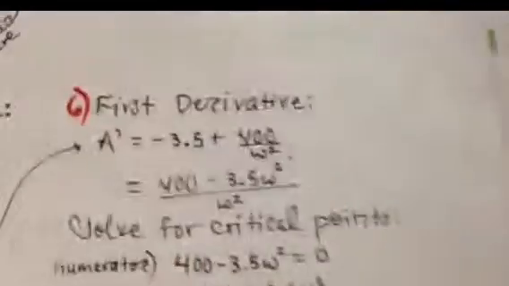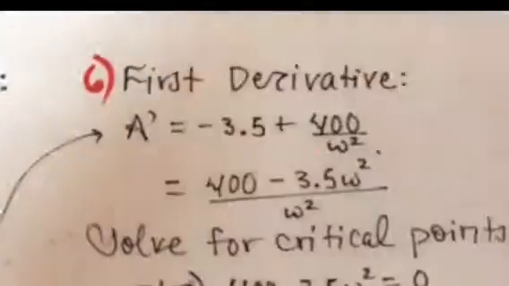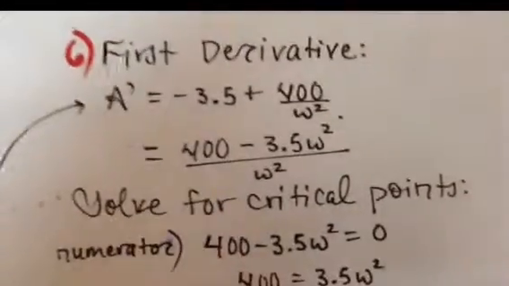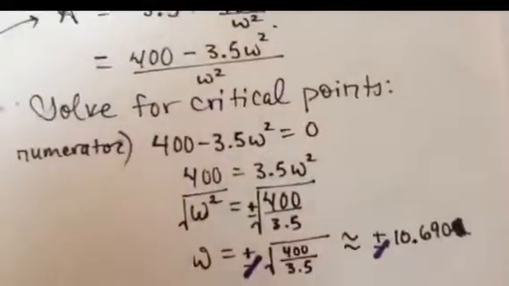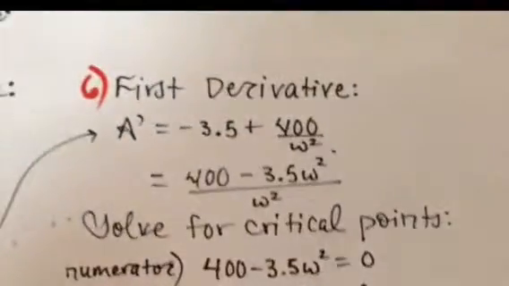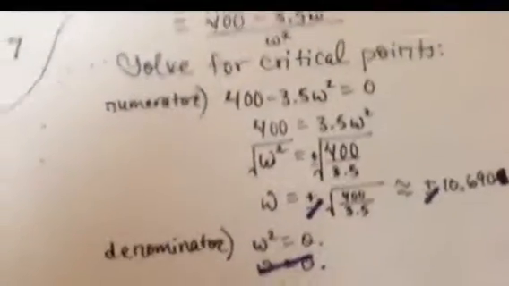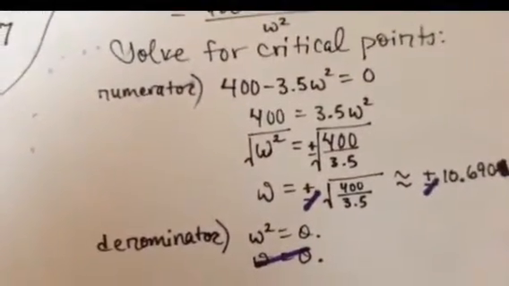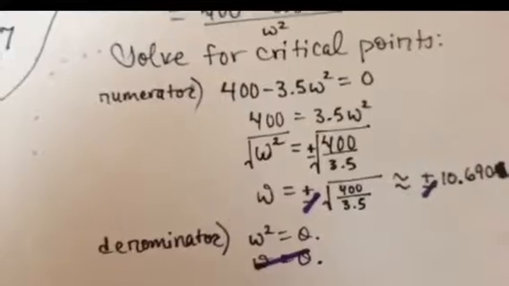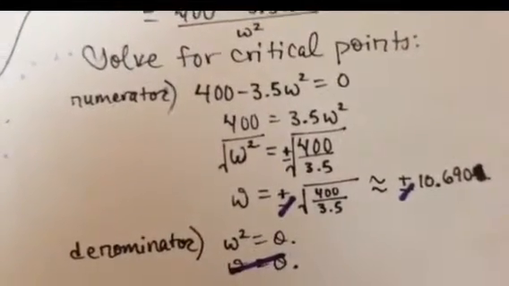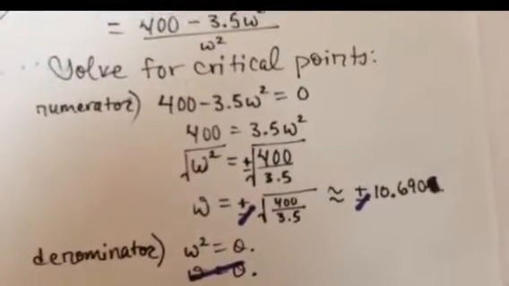And so once you do that, you have to set the first derivative equal to 0 to solve for the critical points. You solve for the numerator, and then you solve for the denominator. Since the denominator equals 0 in our case, it's not going to work out because you can't physically have, I mean, I guess you could have no paper, but that defeats the purpose of the problem.